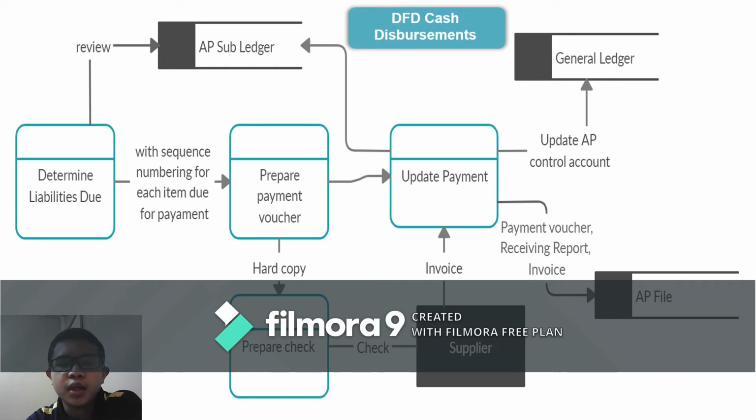After the manager signs the check, the check will be sent to the supplier, and the supplier will check the check. If the check is okay, the supplier will send the invoice to the accounts payable department. They will update the payment in the AP subsidiary ledger, and update the account payable control account in the general ledger, and the payment voucher will be filed together with the receiving department report and invoice in the AP file.